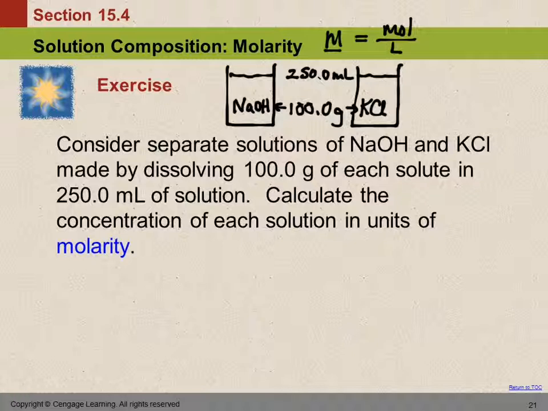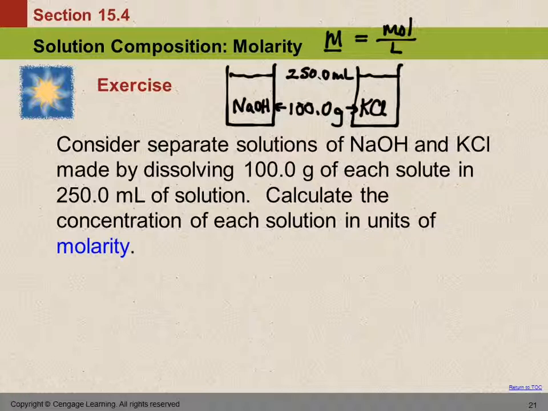And yes, we have to do a little calculating when we make the solution. Once the solution's made, a lot of these solutions can sit on the shelf in the stockroom for months or even years. And then if we need to get a certain number of moles, all we have to do is measure it in a graduated cylinder, and it's much easier than weighing things out. But initially, there's some calculating that needs to happen.